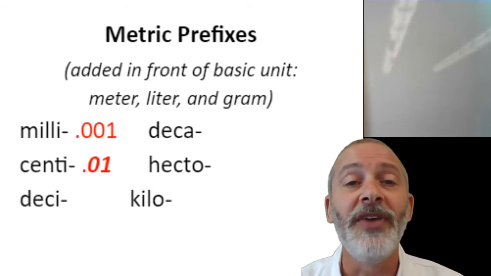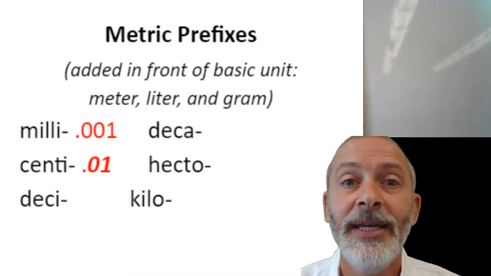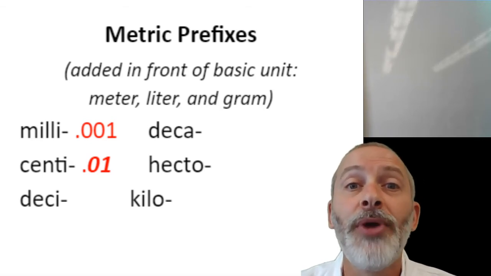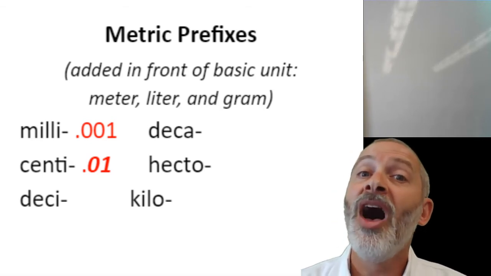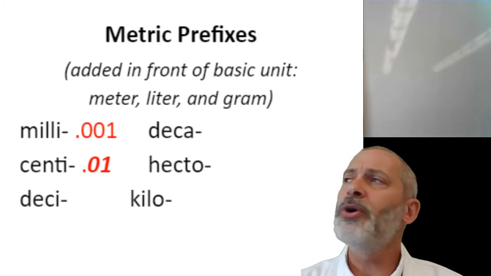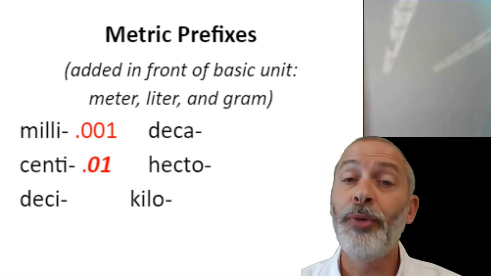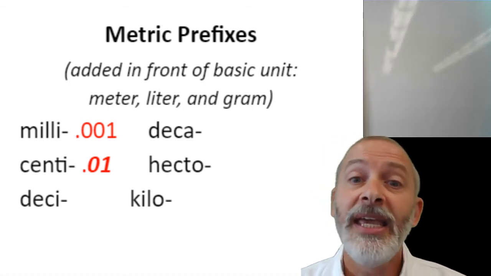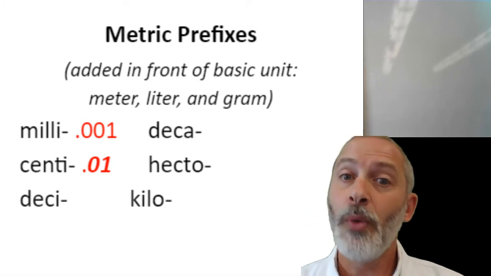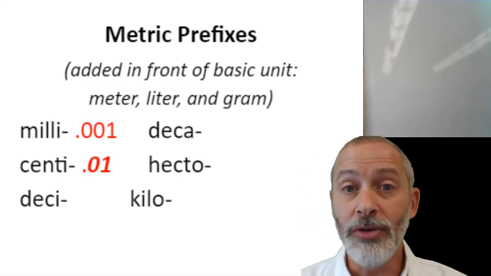The next prefix is centi. Centi has the value of 0.01 or 1/100th of something. So if you put the prefix centi in front of the unit meter, what do you have?